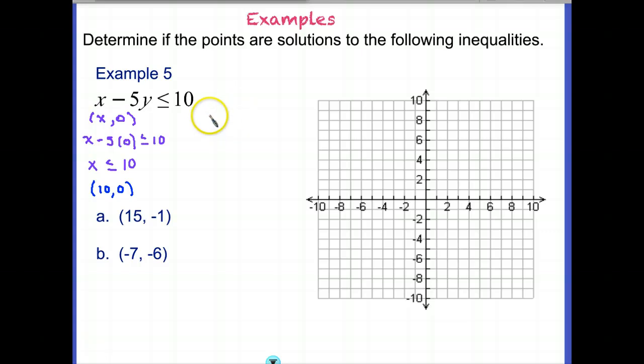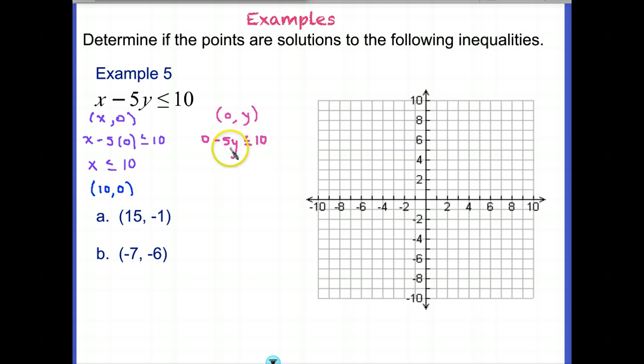All right, let's figure out then our y-intercept. If we want to figure out the y-intercept, we would plug a 0 in for x. Okay, so let's go ahead and do that. We will plug in a 0 for x, so we will end up with 0 minus 5 times y is less than or equal to 10.